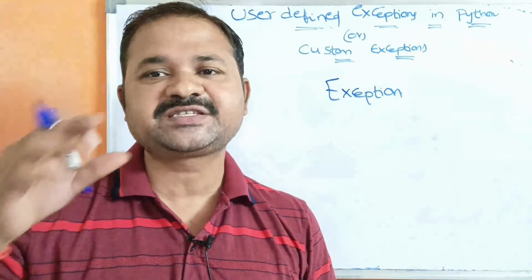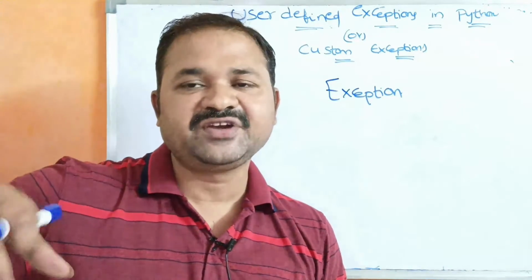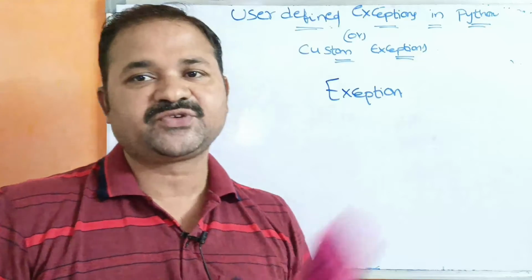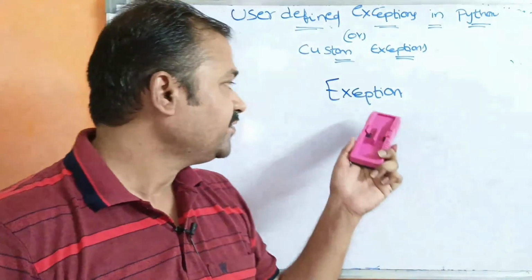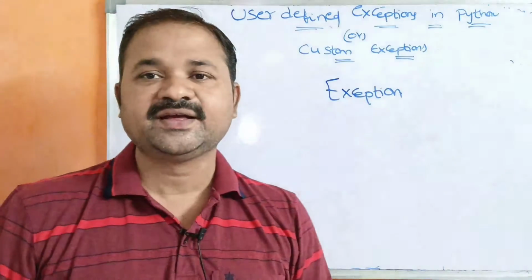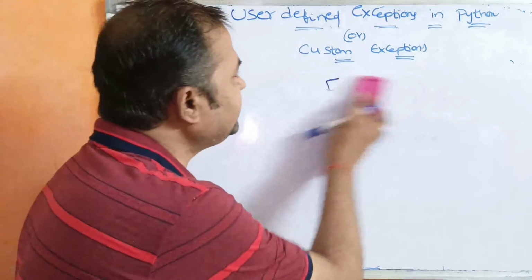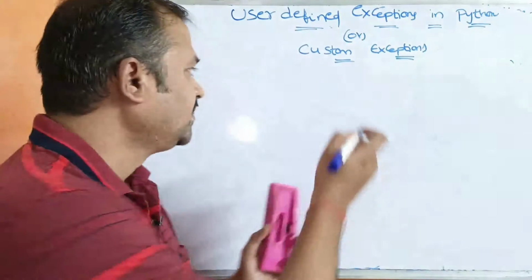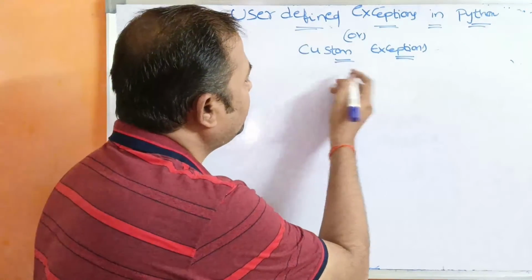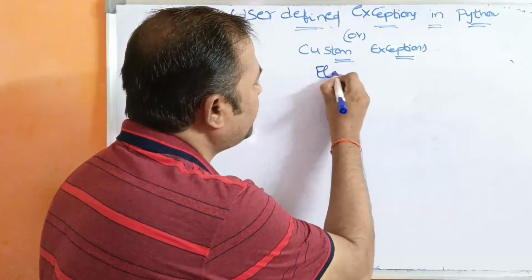Inheritance means class derived class name, with the base class name in brackets. Derived class name means the user-defined exception class name, whereas base class name means what? Exception.